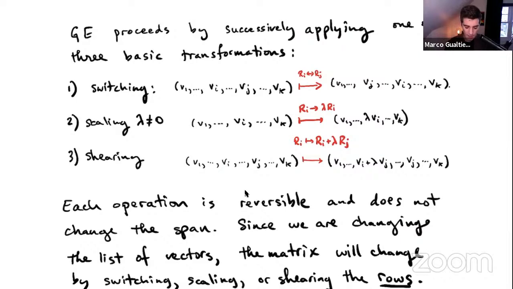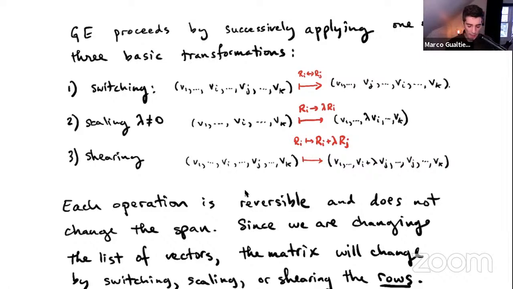The idea is that I've added a multiple of Vj to Vi, but if I had originally a linear combination which involved Vi, now I can still get it using Vi plus lambda Vj because I have Vj available.